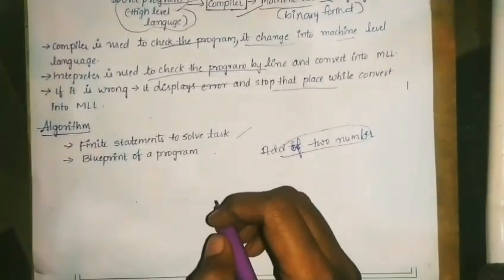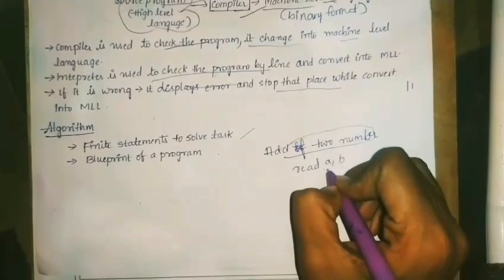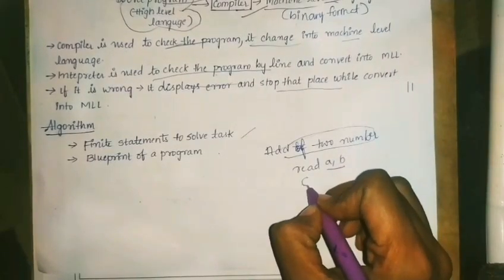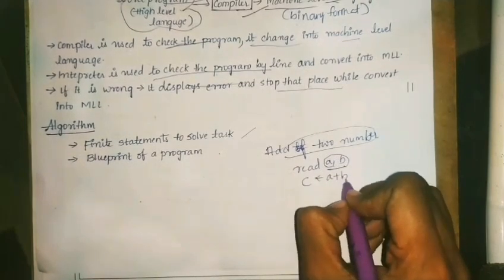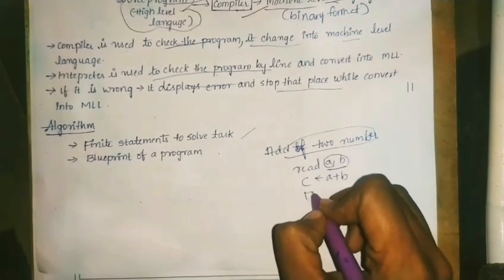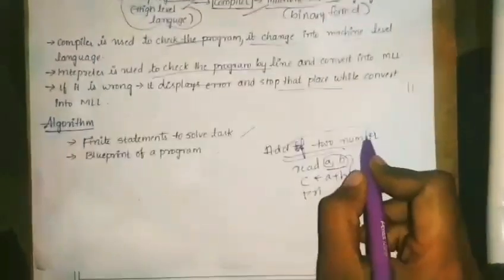How do we solve it? First, we have to read A and B, two numbers, and assign the addition of the two numbers to C, and then print. These are the steps to solve this problem.